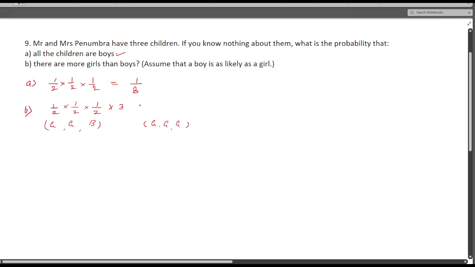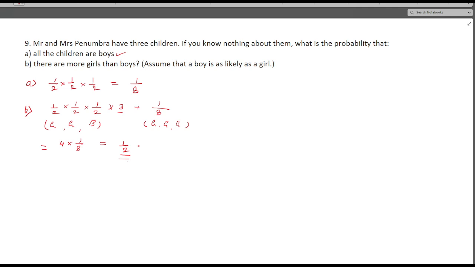So when all 3 are girls, it is going to be 1 divided by 8 only. So this is 3 times 1 divided by 8, this is 1 times 1 divided by 8. So the result is going to be 4 times 1 divided by 8, which is equal to 1 divided by 2. So here the possibility that there are more girls than boys is half, 50%.